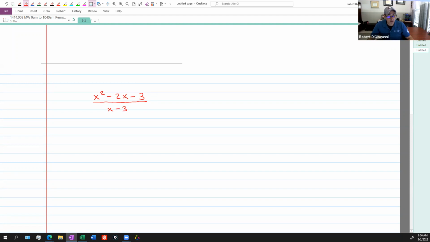So what we're about to do is referred to as long division. This is exactly what we're doing right now, long division. So we're going to do it just the way we did before. The numerator will go into the division box. So I put x squared minus 2x minus 3.